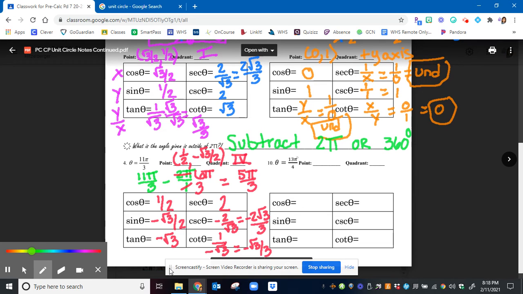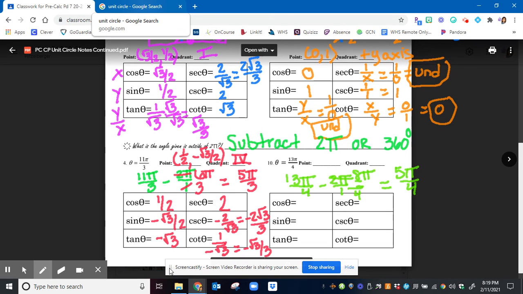Last one over here, I'm just going to kind of write out 13 pi over 4. So I need to subtract my 2 pi. All right, and that's going to give me 8 pi over 4, and that is going to be 5 pi over 4. Once again, I know that this is going to be a 45 degree triangle.